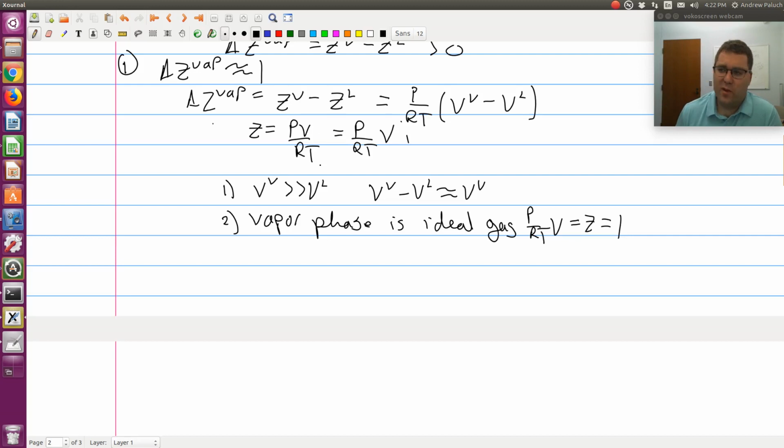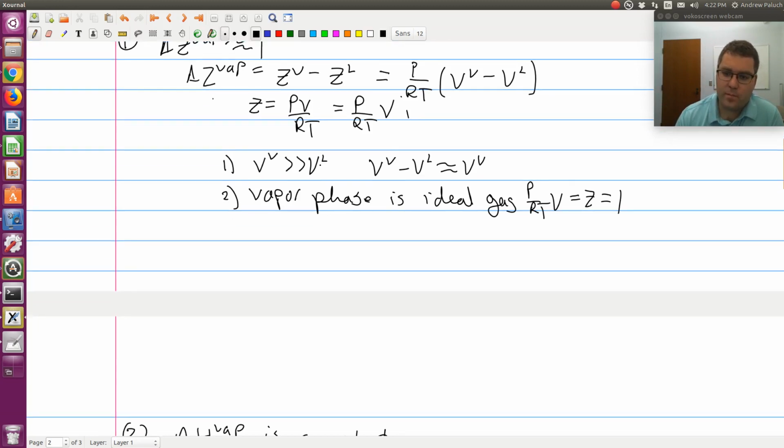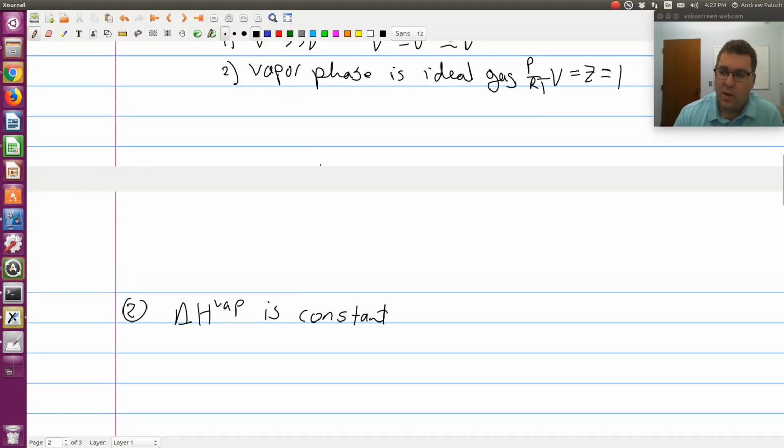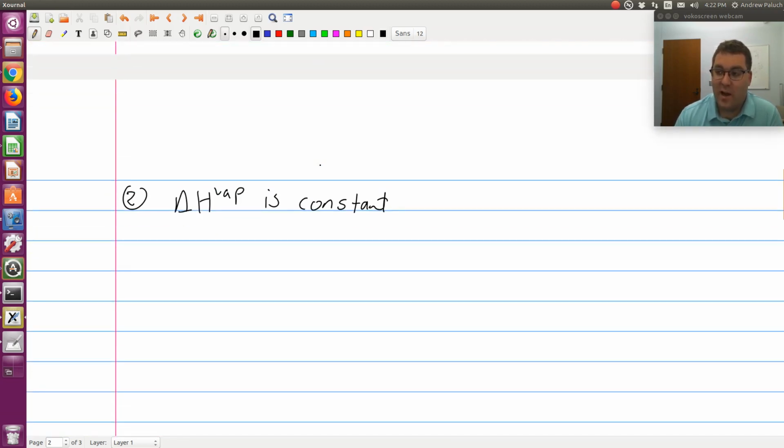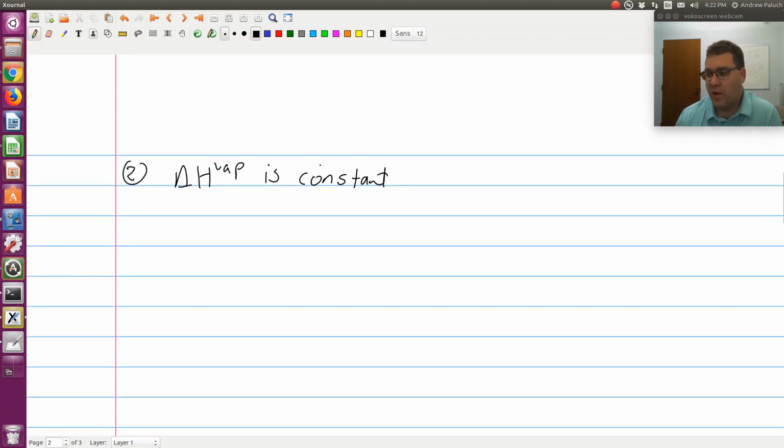At low pressures, this seems reasonable. And for assumption 2, delta H of vaporization is not actually constant. If you just plug into Watson's equation, essentially you have a power law or exponential relationship between vapor pressure and temperature, so it's not really constant. It's only constant over narrow temperature ranges.